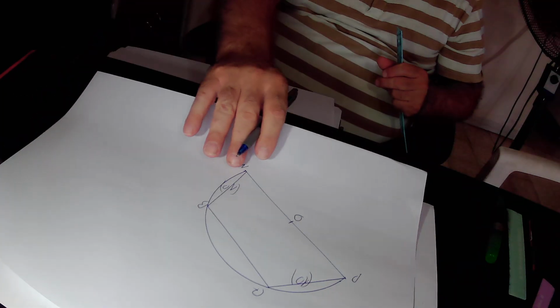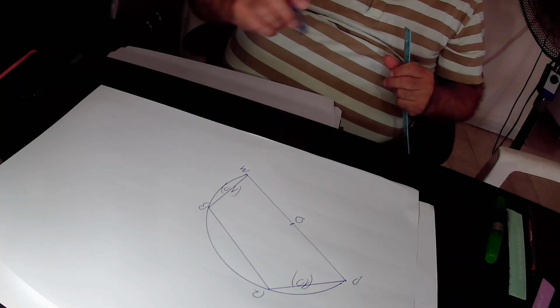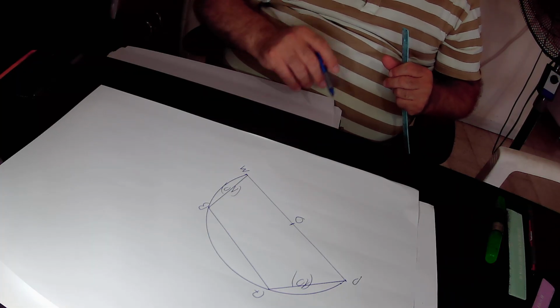So really, this is the semicircle with the diameter PM that I copied from the original drawing.